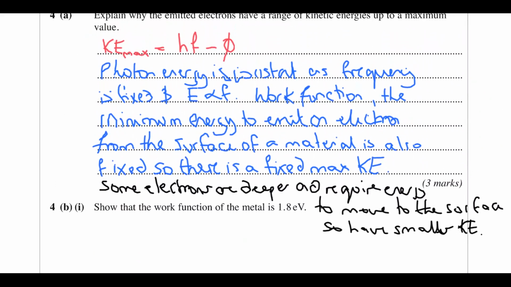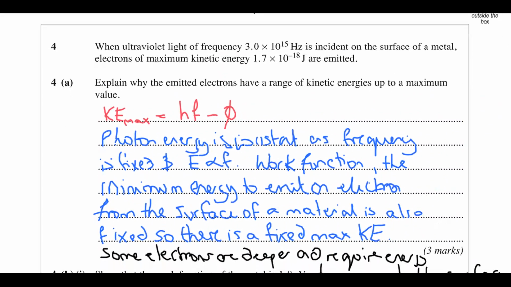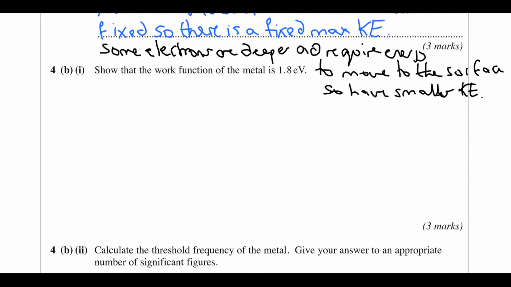So we've got the work function of the material. We can calculate the photon energy, we can calculate the max KE, and that would give us the work function. So let's rearrange this equation. Work function is the photon energy minus the maximum kinetic energy.